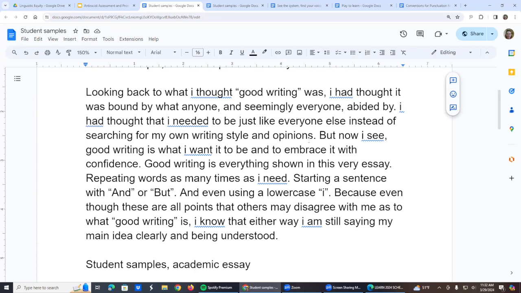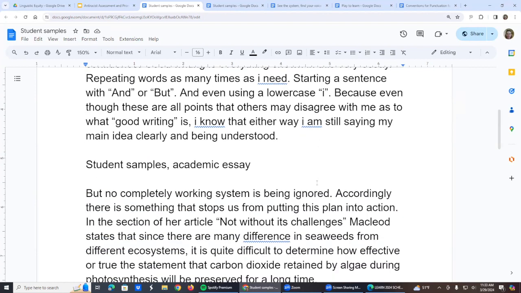Repeating words as many times as I need, starting a sentence with and or but, and even using a lowercase i. Because even though these are all points that others may disagree with me as to what good writing is, I know that either way, I am still saying my main idea clearly and being understood. So she really drank the Kool-Aid.